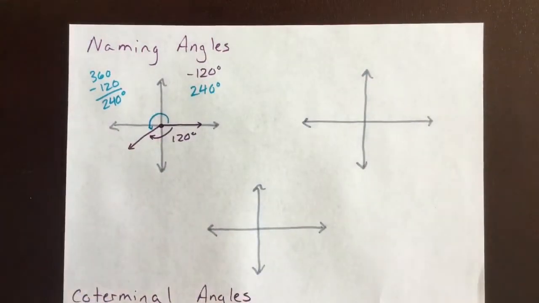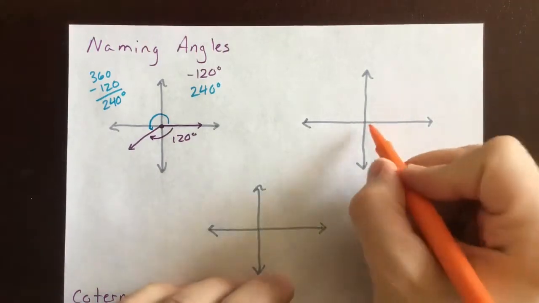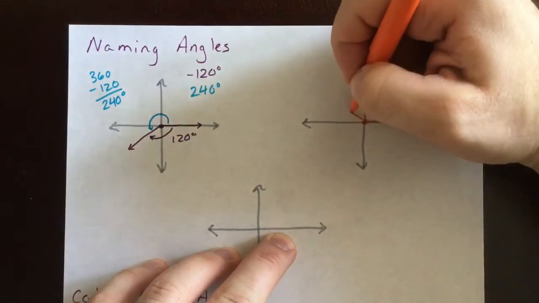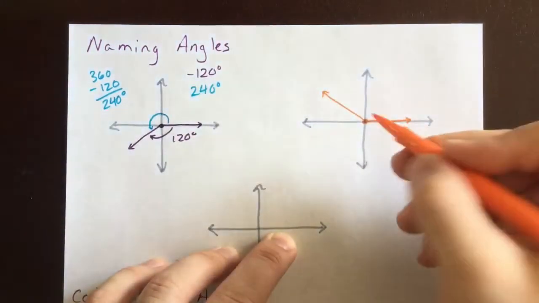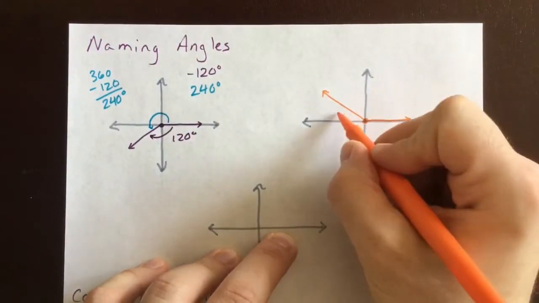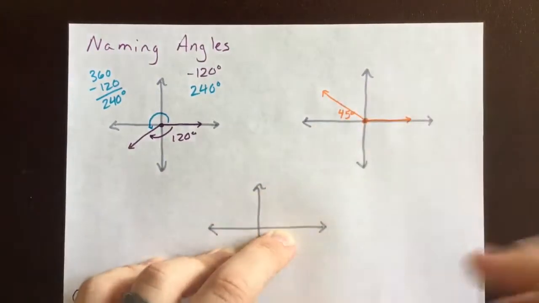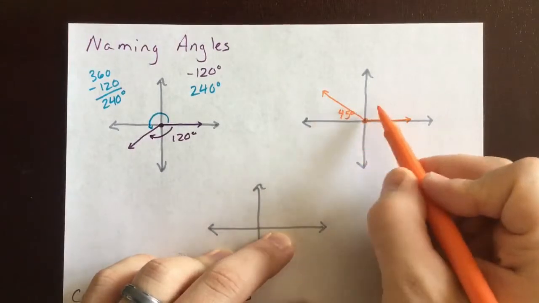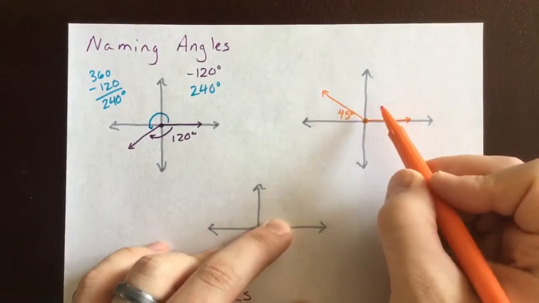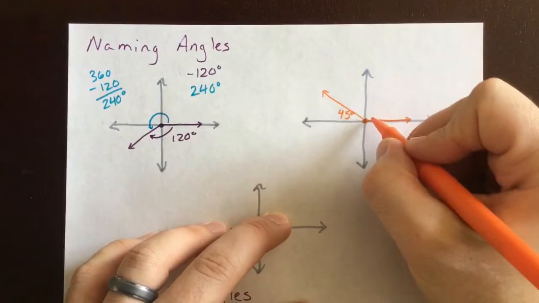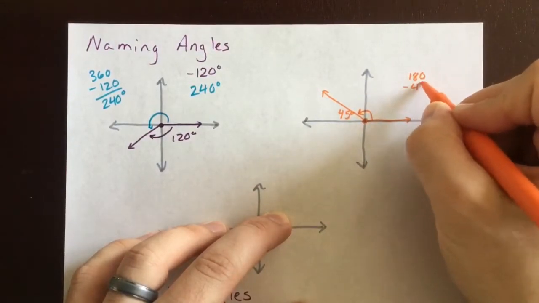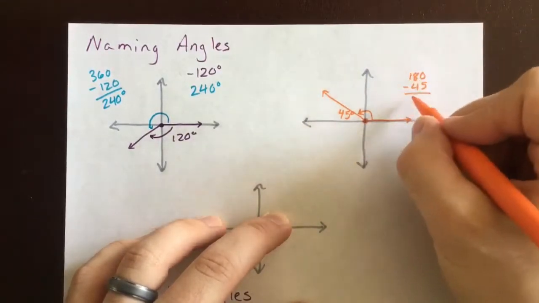All right, let's try another. So let's imagine for a moment that we have this, but rather than knowing this measure, we know this measure. Should be rather easy. So we know the full was 180 degrees. So I could argue this measure would be whatever we get from 180 taken away the 45. And I believe that's 135.